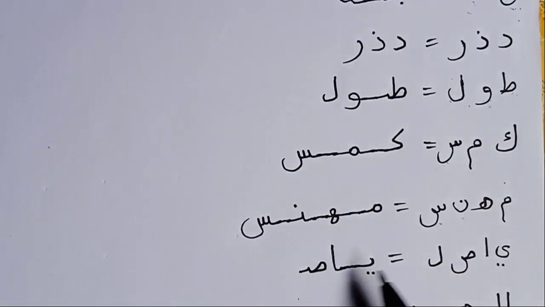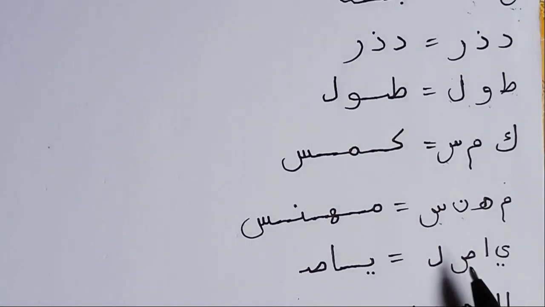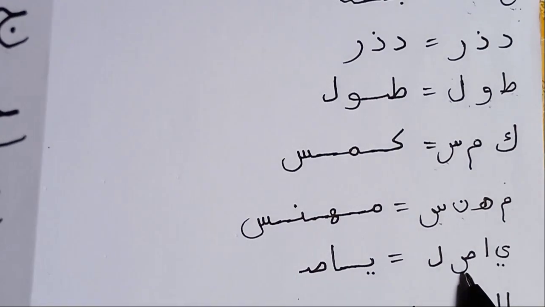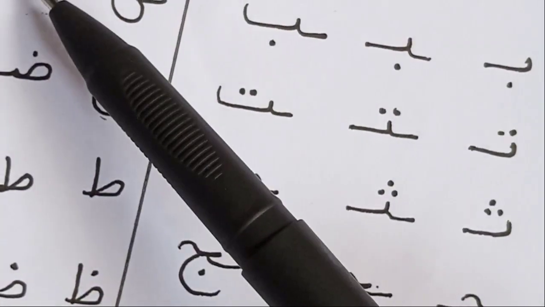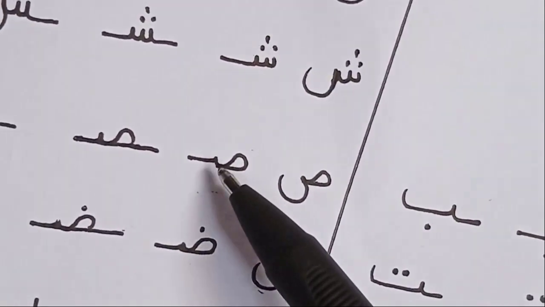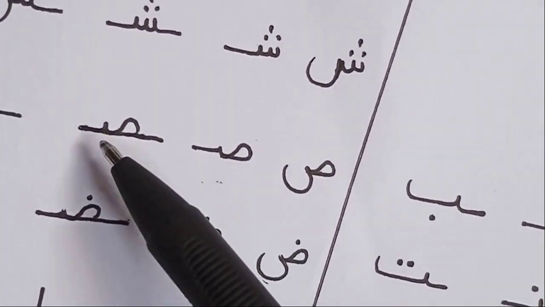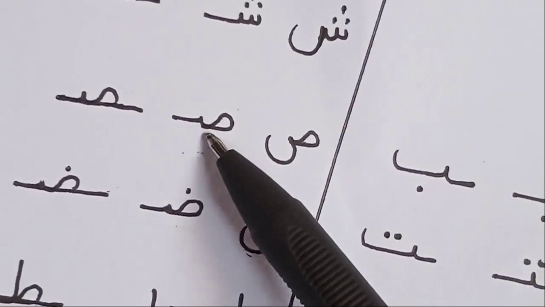So since the alif preceded the sod, that will not be joined with the sod. Then the sod preceded the lam, then it will be joined with the lam because they are both from the same group. So we take the sod at the beginning of the word. This very one is what we are going to use, not this one, but this.